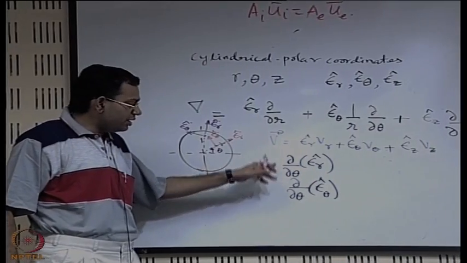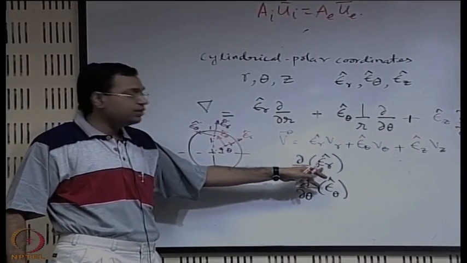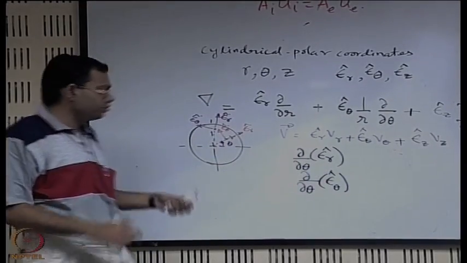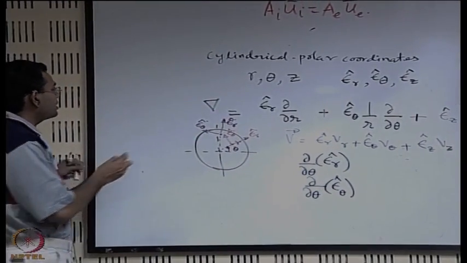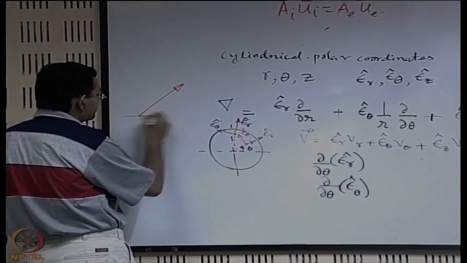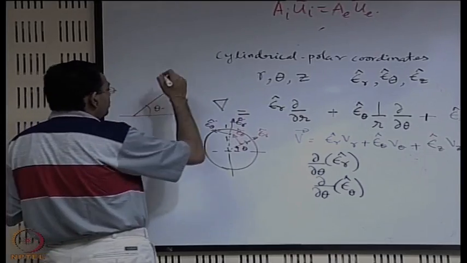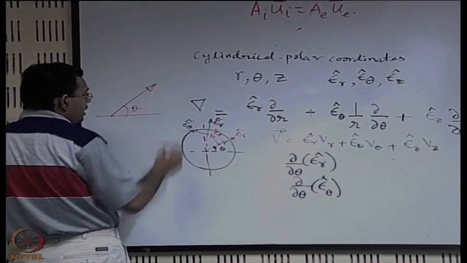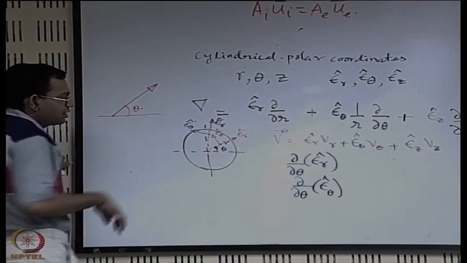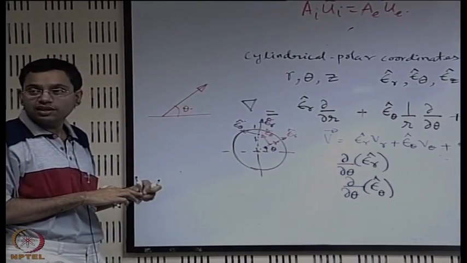So let us say you want to find out the derivative of epsilon r. How do you look into that? Let us say that you have epsilon r for a particular angle theta as this one, and let us say that epsilon r has changed with the angle theta plus d theta.